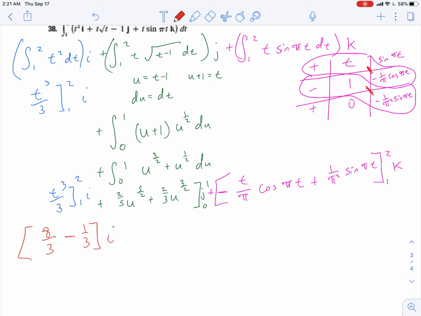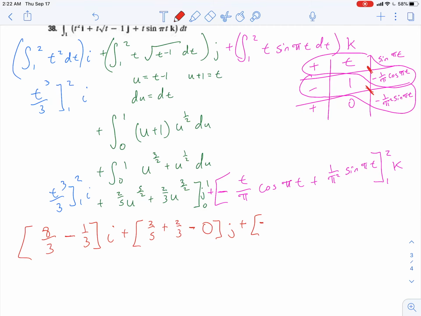So 8 over 3 minus, plug in 1, so minus 1/3 i, plus, now I'm going to plug in my 1, and so I'm going to have 2/5 plus 2/3 minus just 0 j, because we're substituting in 0 for both of those, and then plus, and then substitute in 2.